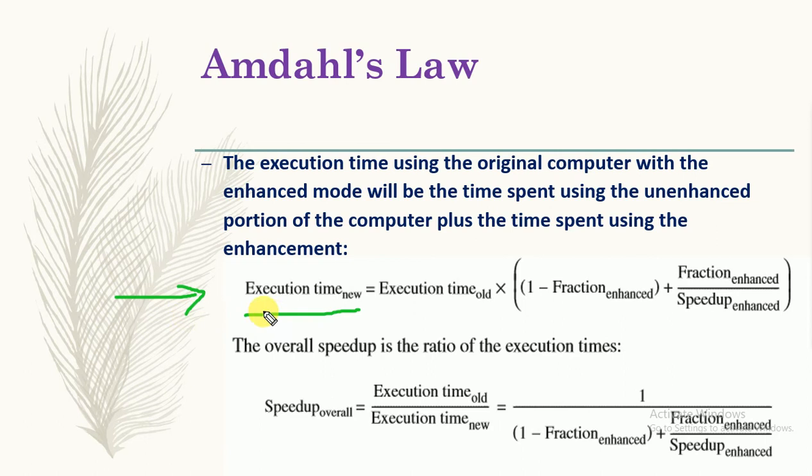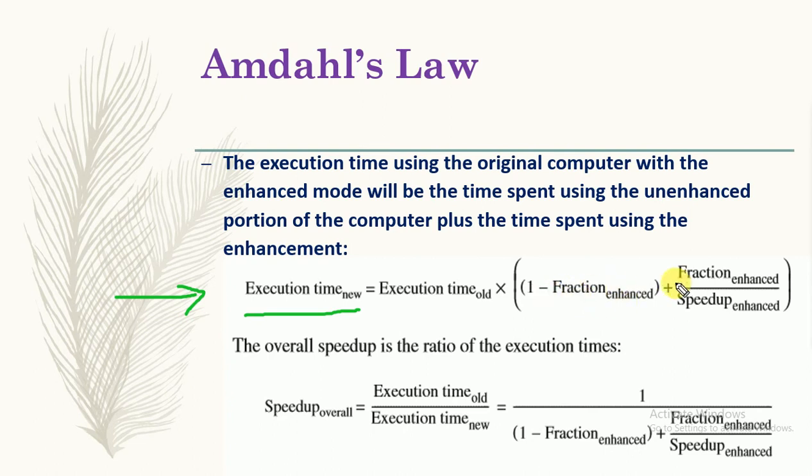The execution time of the new system can be calculated as the execution time of old into 1 minus fraction enhanced. So this fraction enhanced is always a value that is less than 1.